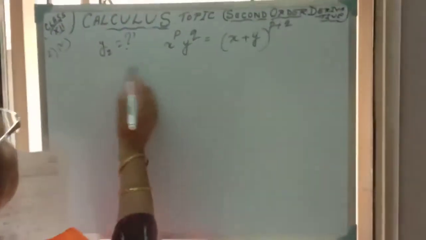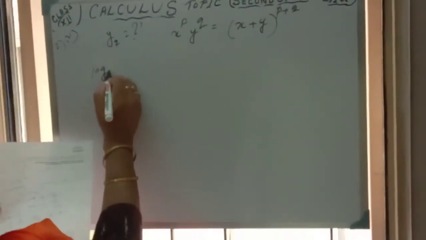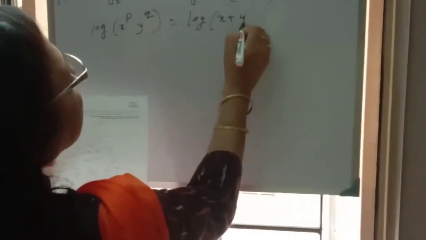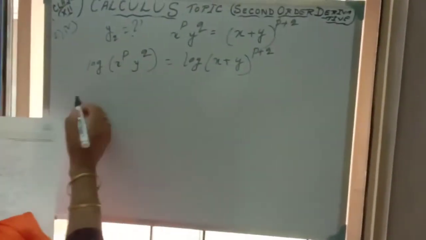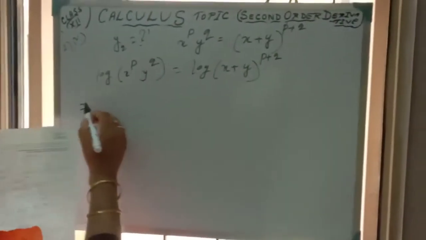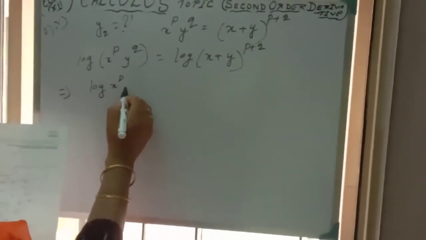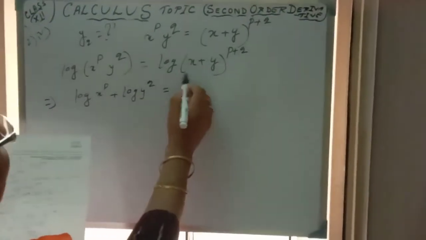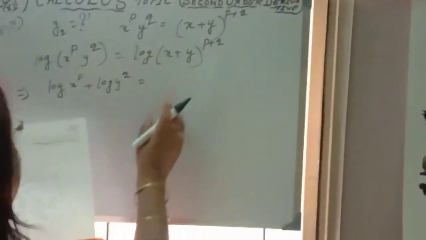So taking logarithm to both the sides, then what we will get? Taking logarithm, log of x to the power p y to the power q is equal to log of (x plus y) whole to the power p plus q. Now log mn means log m plus log n. So log x to the power p plus log y to the power q, and log x to the power m will be m log x.